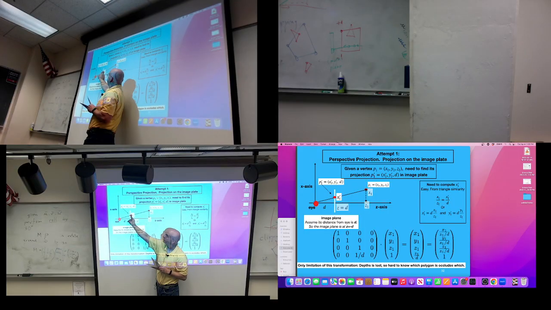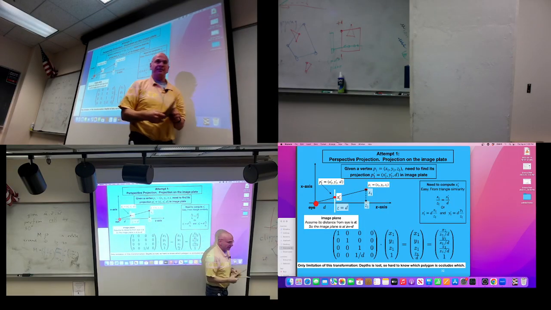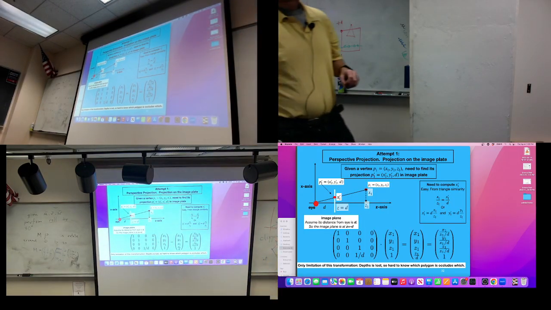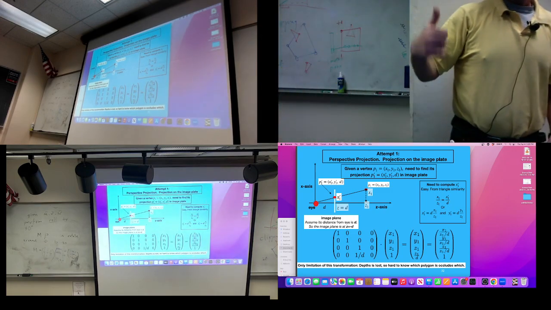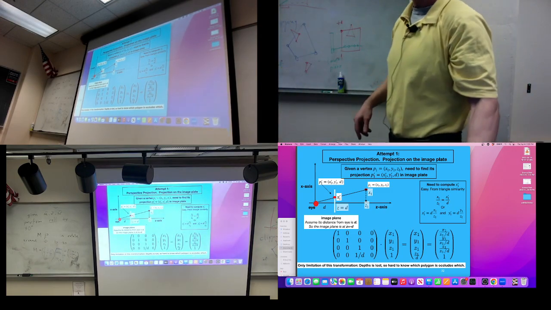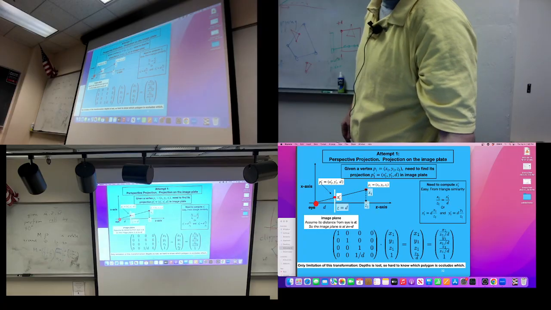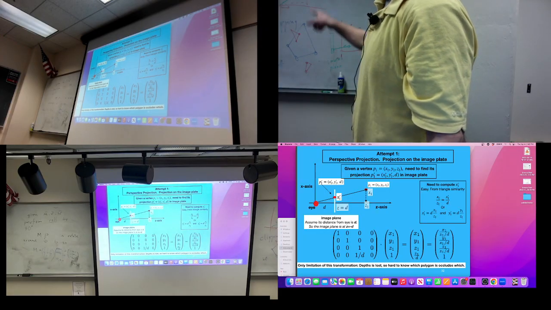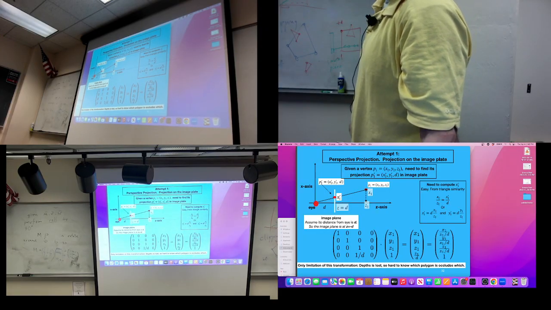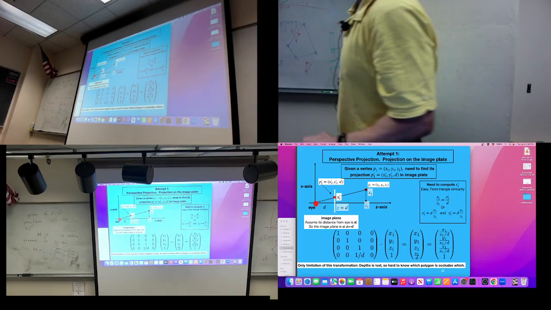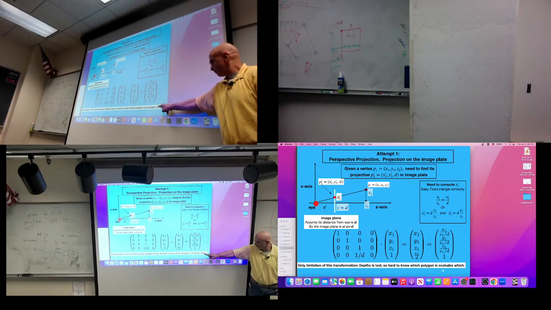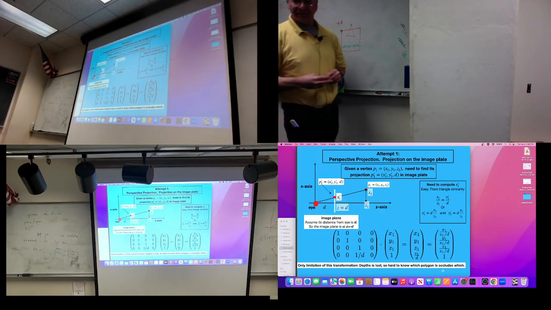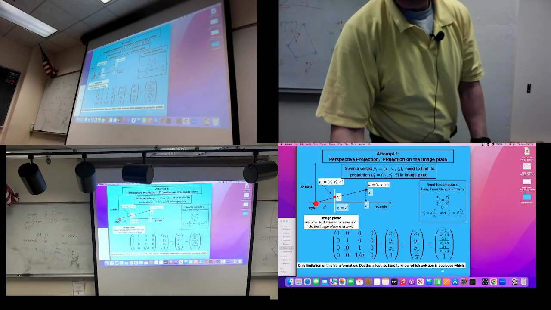The GPU cannot know which one is further away. You can calculate the distance, shoot a ray, etc., but it's all very slow. This type of transformation will find a use, but the issue is we don't know which one is further away.